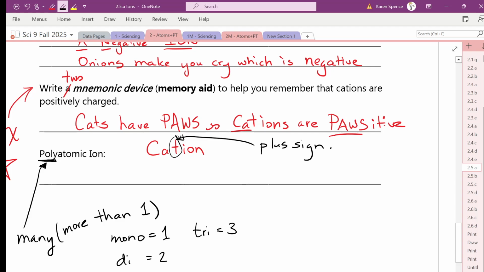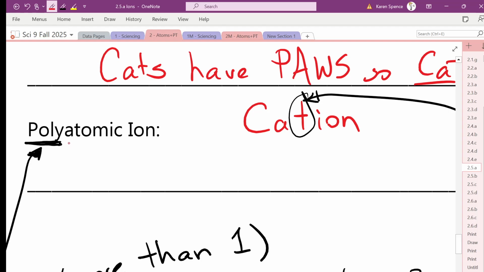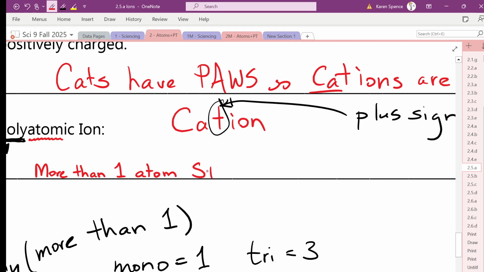So what do you think a polyatomic ion is? More than 1 what? Not more than 1 ion, more than 1 atom. More than 1 atom stuck together with a charge.